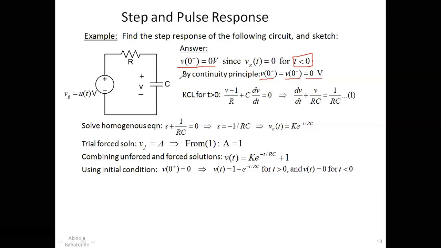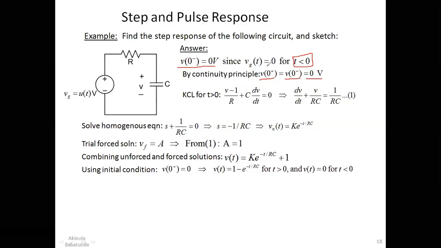Okay, so if we apply KCL to this particular circuit for t greater than 0, we know what is going on for t less than 0 and t equals 0 right now. But for t greater than 0, what is happening to this particular circuit?